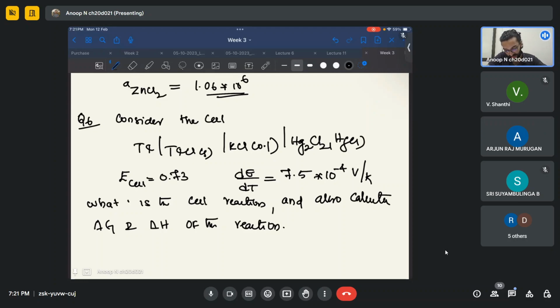So the question is, we are given a cell, so we'll write it with positive and negative. We have been given E cell as well as the value of dE by dT. From that, first we have to write the cell reaction, then we have to calculate delta G and delta H values. Is the question clear?